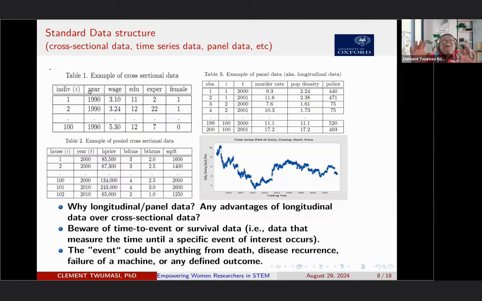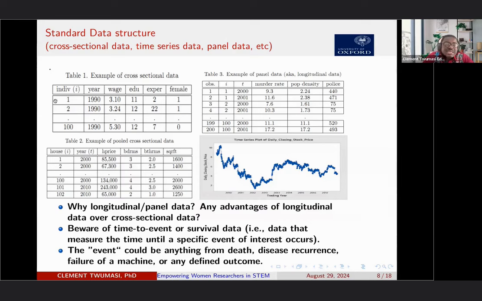No, always variable names should be at the column of your data. So if you're entering your data in Excel, the first row of the Excel data, you have to specify the names of your variables as columns. All right, just as you are seeing.